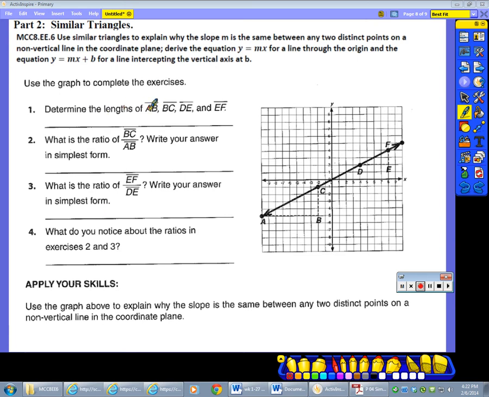Determine the length of line AB. So AB is from here to there. The length of that is 1, 2, 3, 4, 5, 6, 7, 8. So the length of that is 8 units. And then the length of BC is 1, 2, 3, 4.